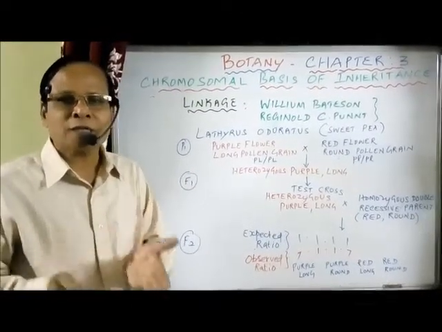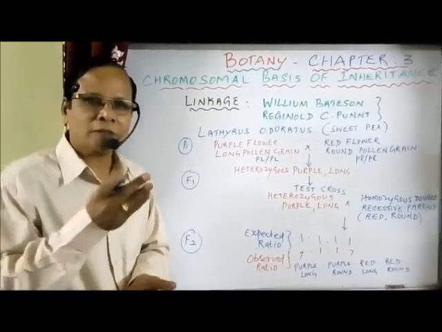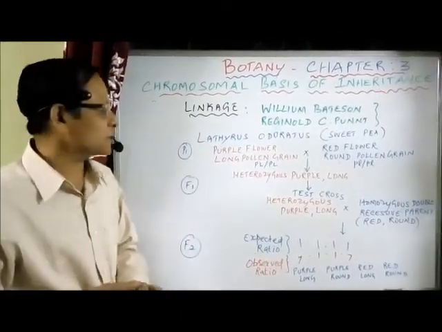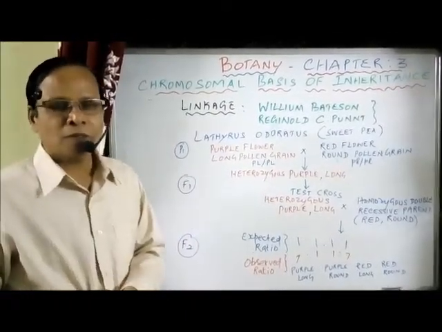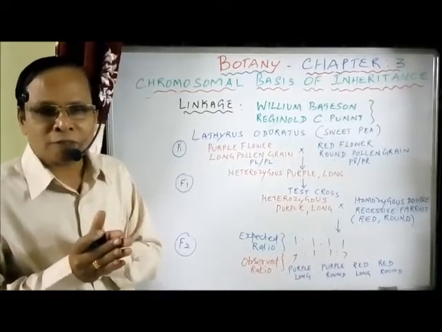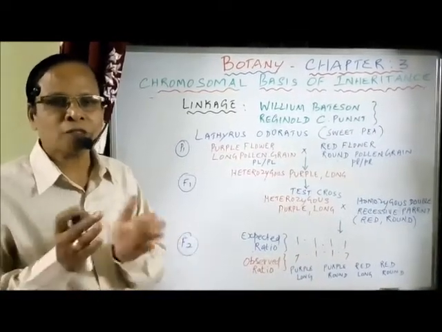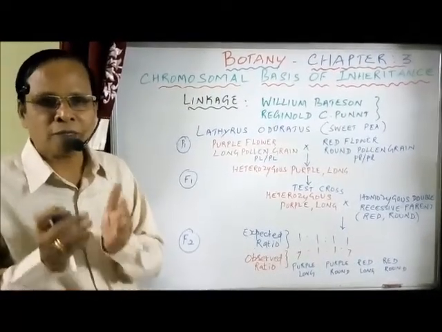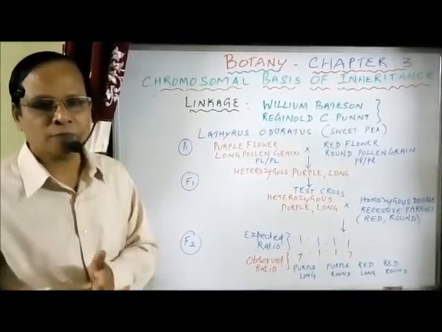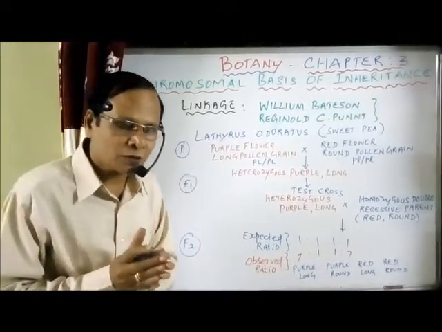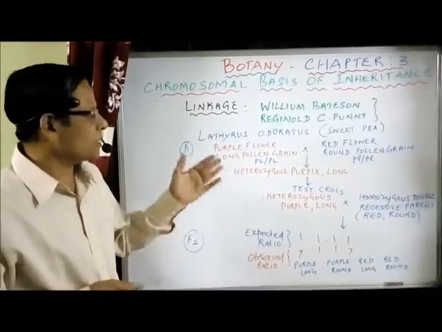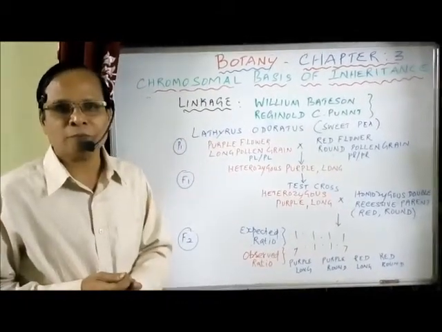The genes for different characters may be located on the same chromosome or on different chromosomes, which is studied already in classical genetics. Now, when the genes are present on different chromosomes, they are sorted out independently according to Mendel's law of independent assortment. So independent assortment is possible only when the genes are present on different chromosomes. Okay, according to Mendel's law of independent assortment.